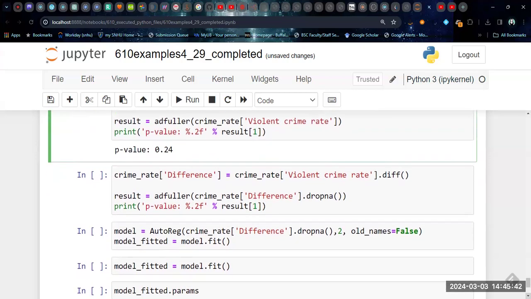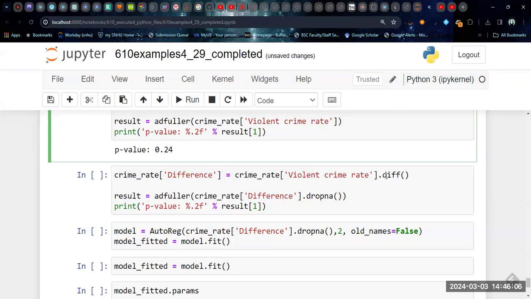Typically, if you want to analyze data and find out how many differences you need to take, how many relationships you have to account for in order to get to stationary time series data, we do this by calculating the differences. And we will do this until the resulting differences are stationary.